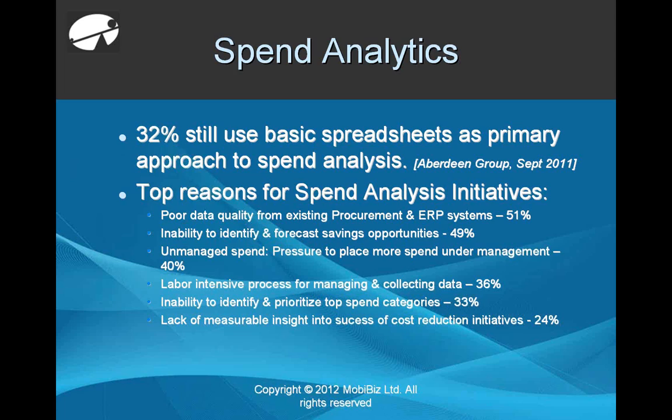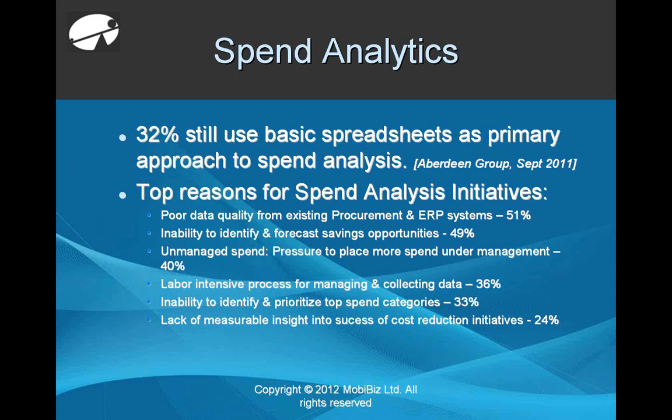That's almost next to impossible without something automated, and that's 36%. Inability to identify and prioritize top spend categories and to see where your organization is spending is a big reason for organizations going after this kind of analysis. And the last one is a lack of measurable insight into the success of cost reduction initiatives. A lot of organizations do these initiatives, but it doesn't give them much insight. So these are the main reasons why people go for spend analysis.